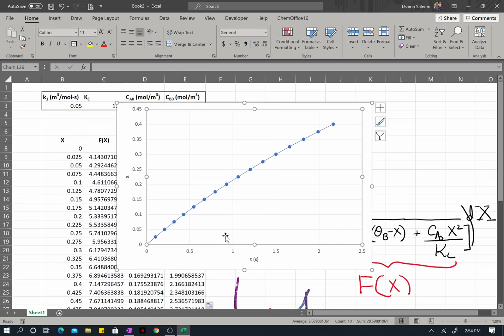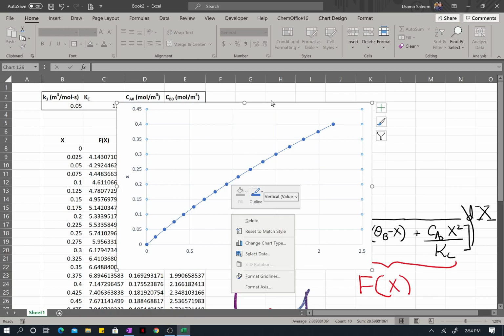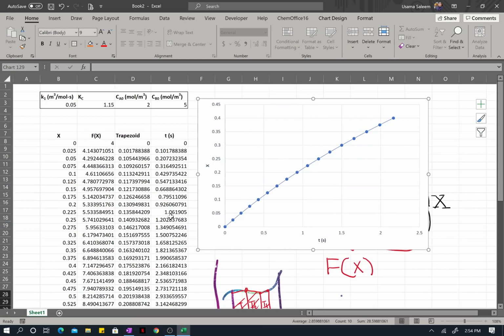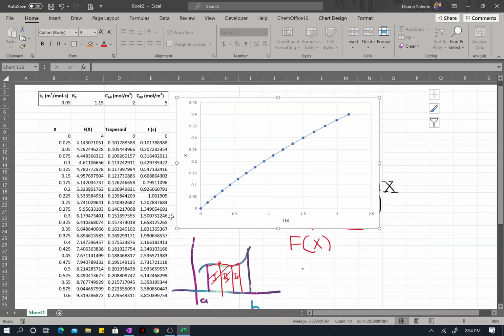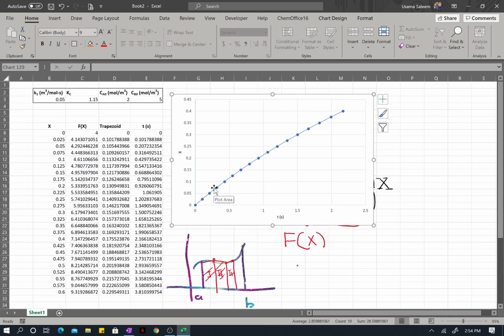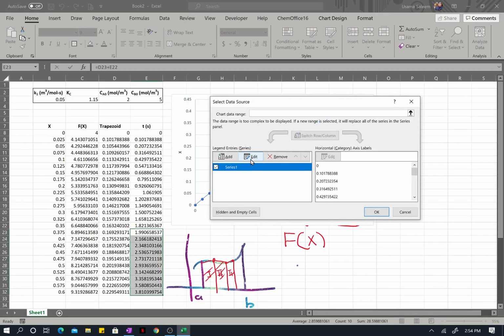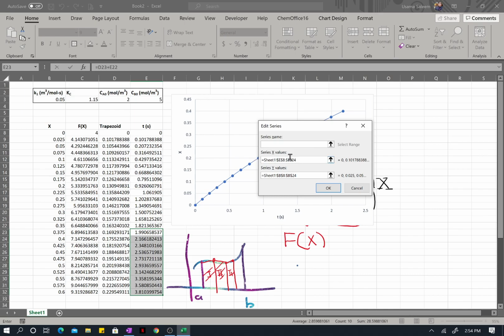Let's reselect our data, and before we select the data, make sure you move it away from your selected tables. Let's select data once again, and this time we're just gonna edit our original series. So instead of 24, it's gonna go all the way till 32.